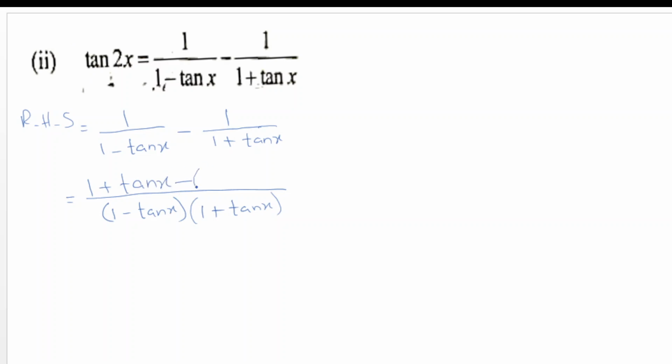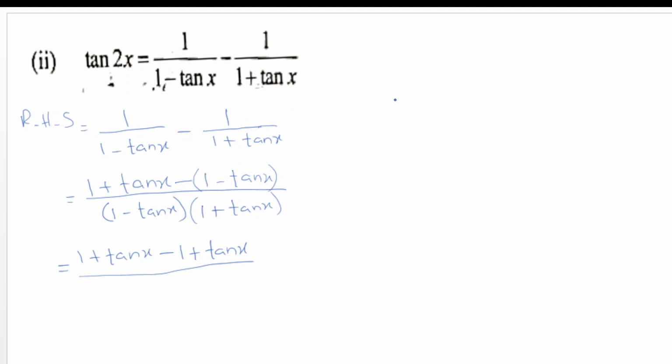Let's put the bracket here, so be careful about the negative. Mostly students make this mistake. Now we open the bracket: 1 plus tan x minus 1 plus tan x, over 1 minus tan x times 1 plus tan x.